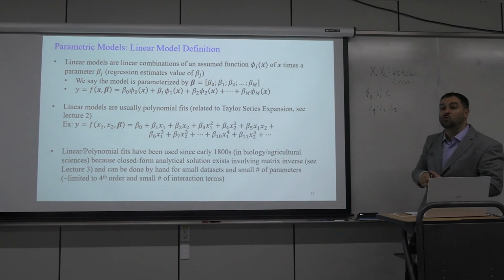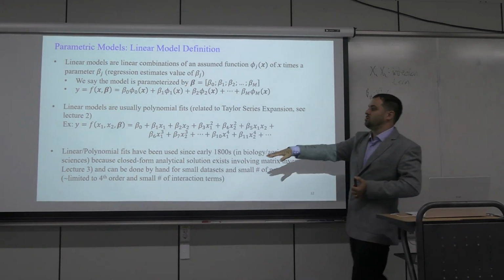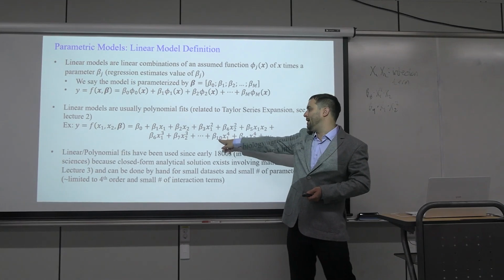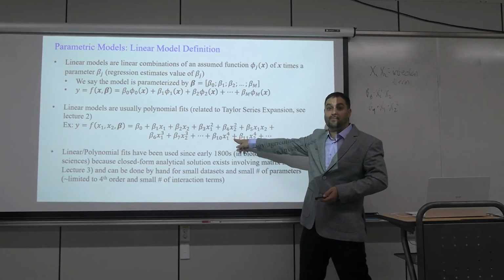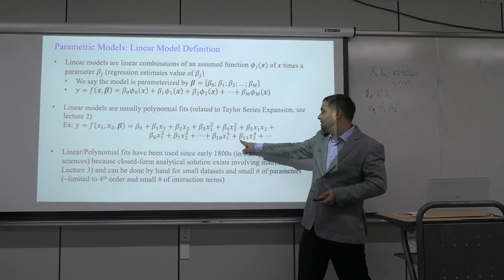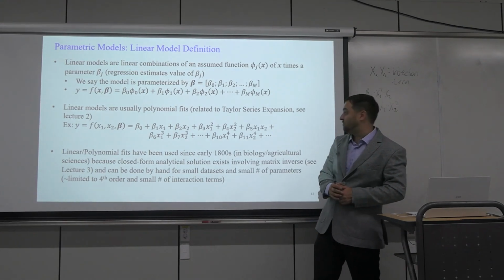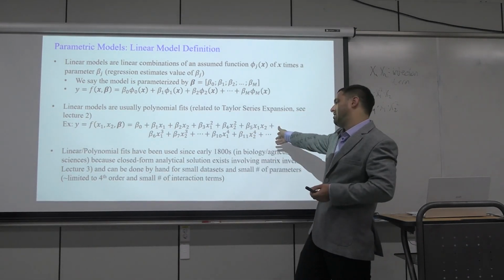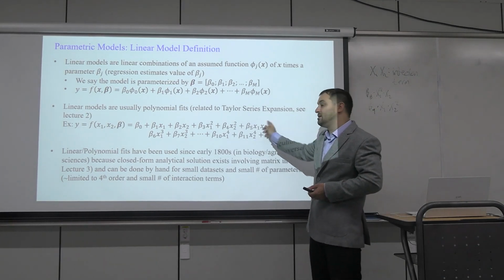To have the full expansion, you would include all of these interaction terms. Now we have our fourth order terms, beta 10 times x1 to the fourth power plus beta 11 times x2 to the fourth power, and you could actually go on to an infinite number of higher order polynomials.